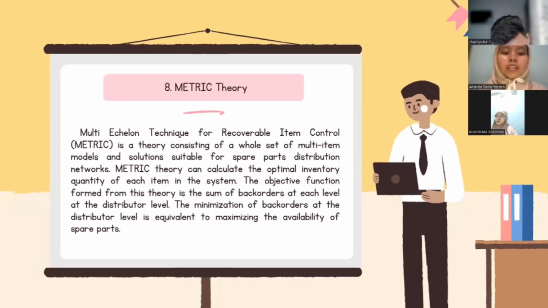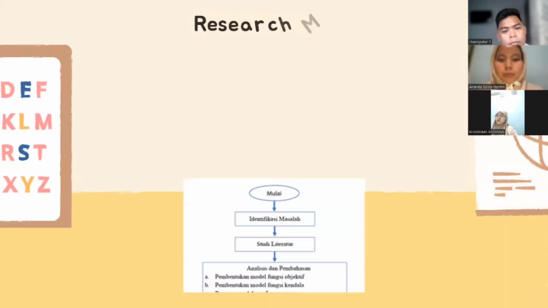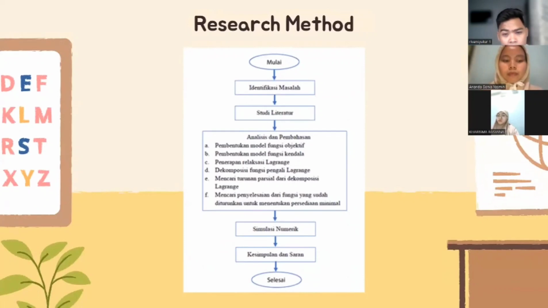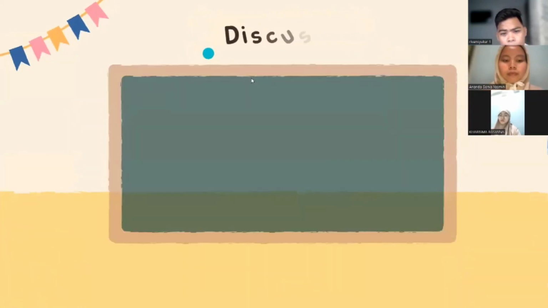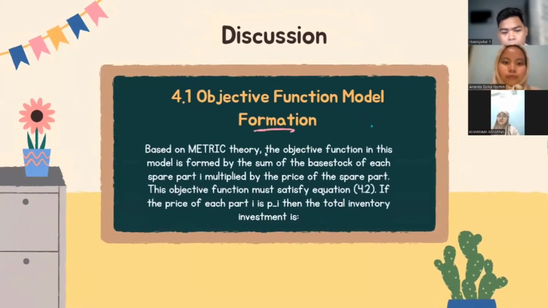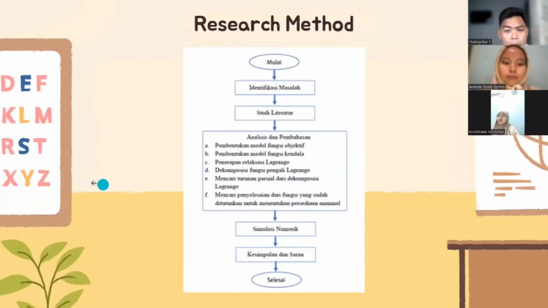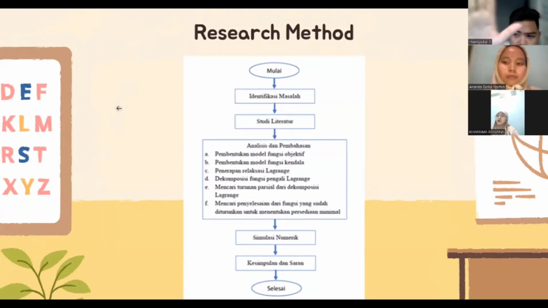The minimization of back orders at the distributor level is equivalent to maximizing the availability of spare parts. Okay, so this is the discussion for point 1, objective function model formation.